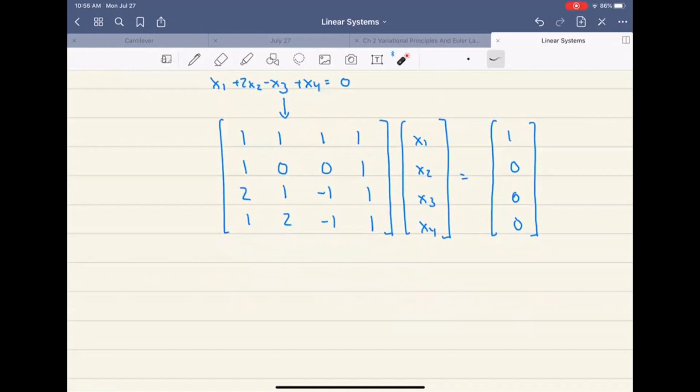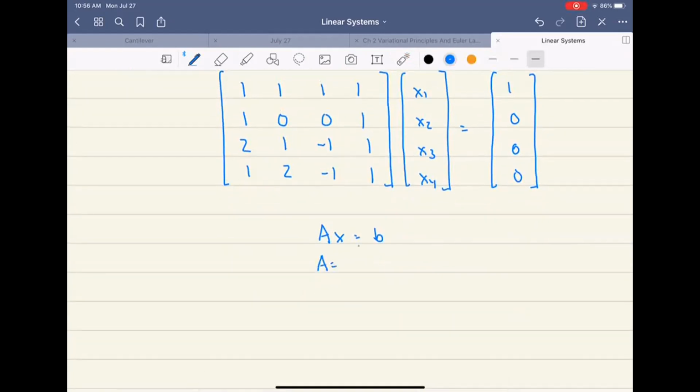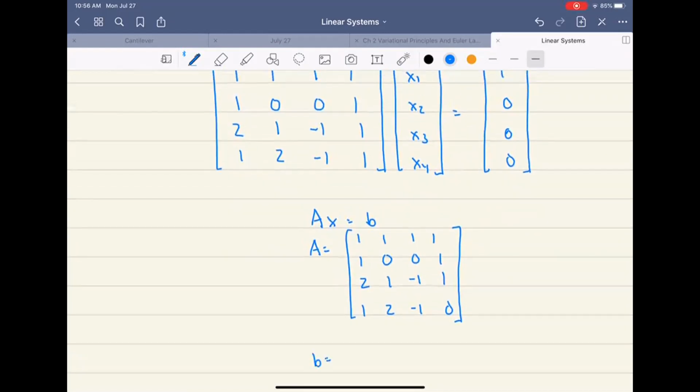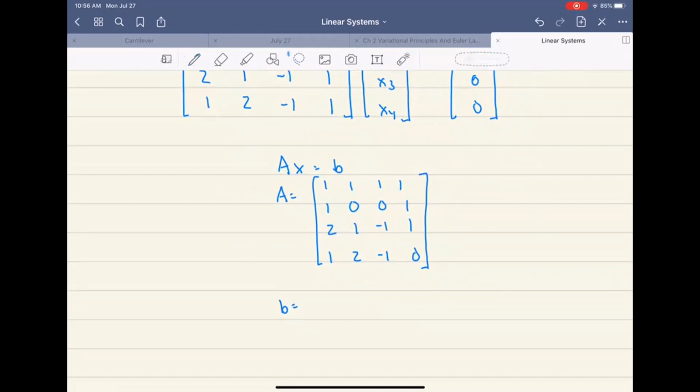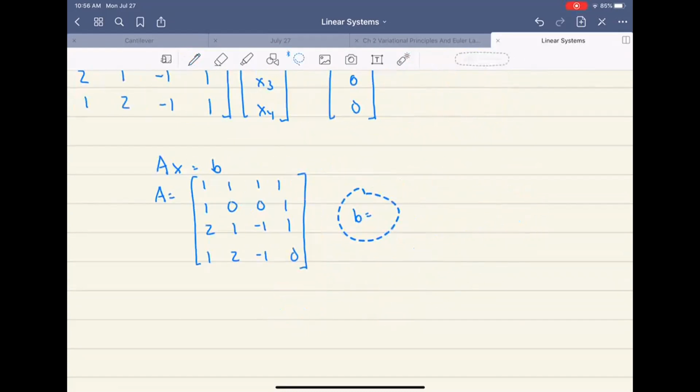Okay, so I'm going to write this as Ax equals b, where A equals this matrix 1, 1, 1, 1; 1, 0, 0, 1; 2, 1, negative 1, 1; 1, 2, negative 1, 1, and b equals 1, 0, 0, 0.